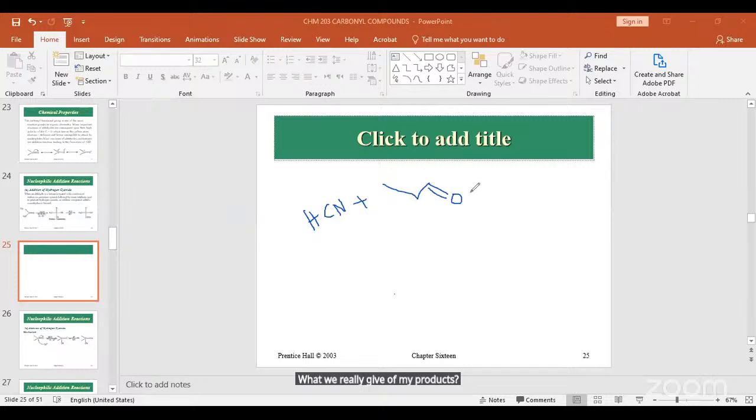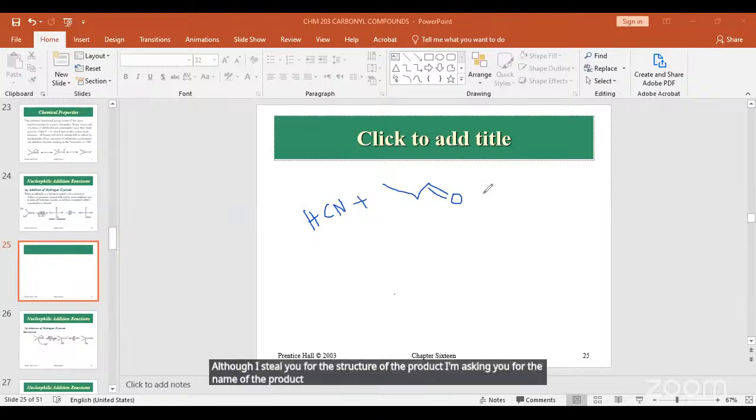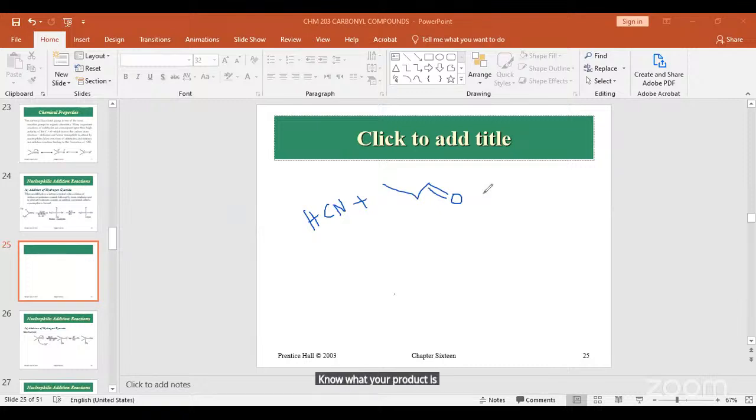You can see that I'm carrying out a reaction. I'm not asking you for the structure of the product. I'm asking you for the name of the product. So it means that you must understand the reaction. You must know what your product is before you can know the name. Ethanol cyanohydrin. Okay, let's see whether it will be.